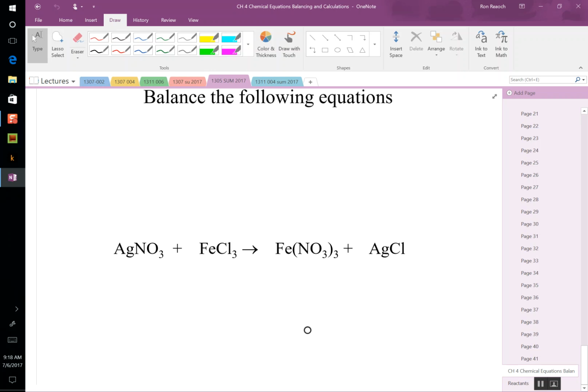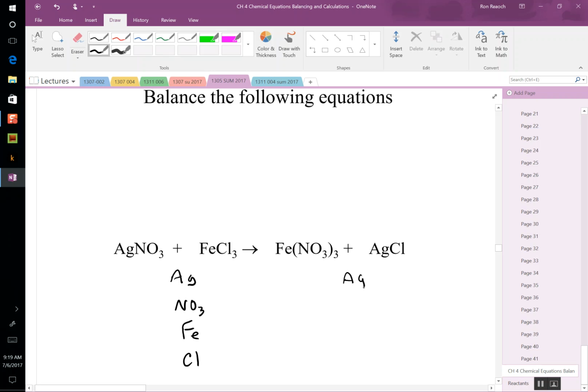You could break this down into silver, nitrogen, oxygen, iron, and chloride, but just experience talking here. I look at that, and what I see over here is I see silver, I see nitrates, iron, and chlorides. And over here should be the same thing. Because the silver nitrate is ending up as a nitrate, iron nitrate, I just treat that as a unit.